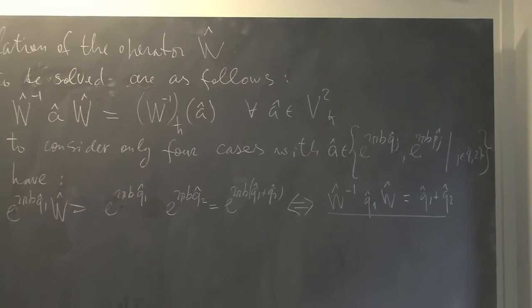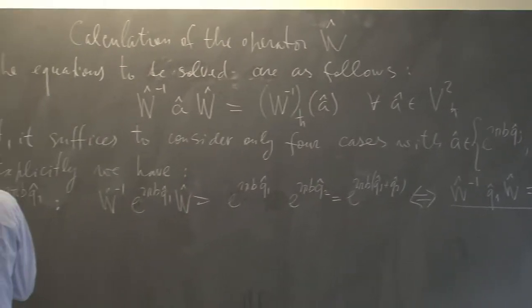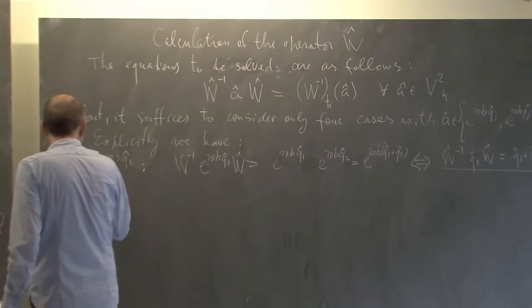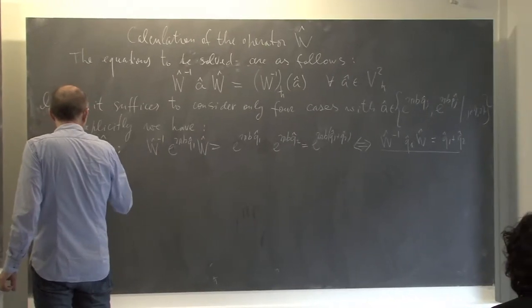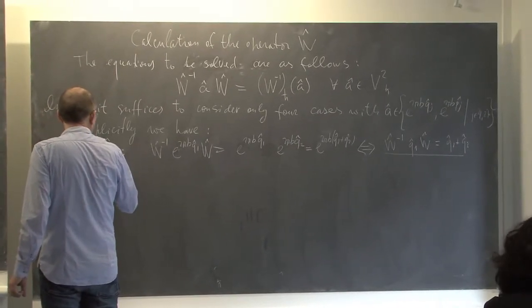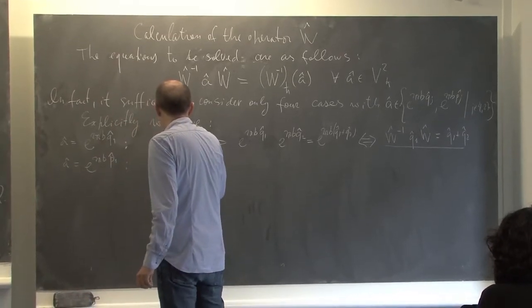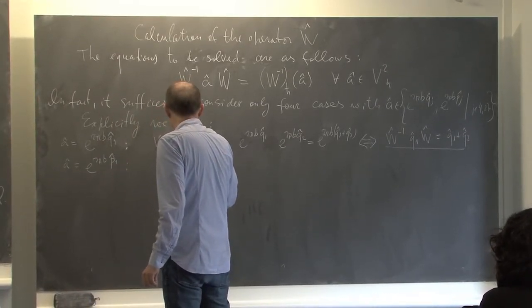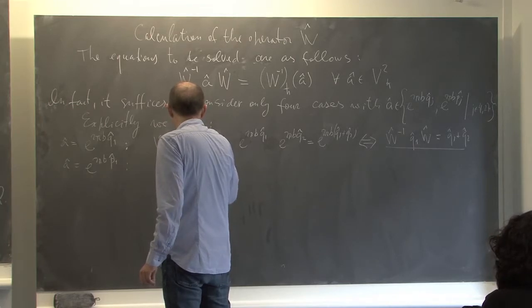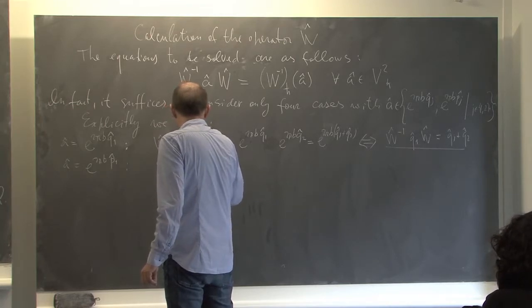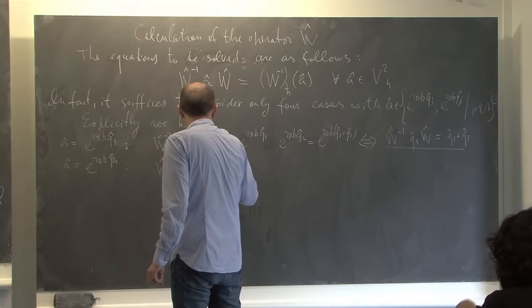And then for A hat equal E 2 pi B P1. So on the left-hand side, we get W minus 1 conjugates E 2 pi B P1 hat W hat.